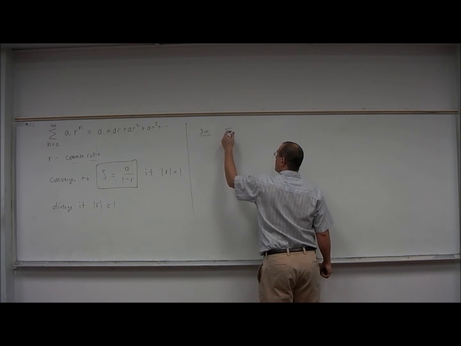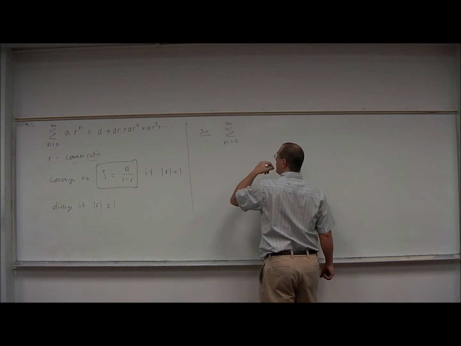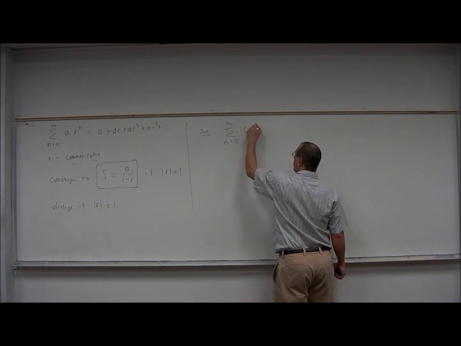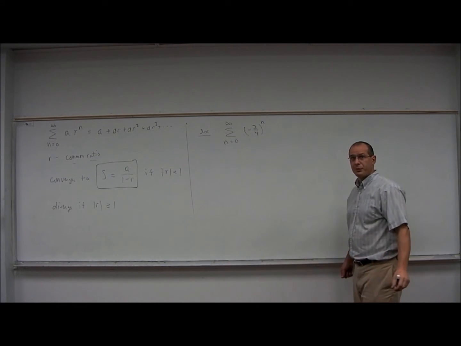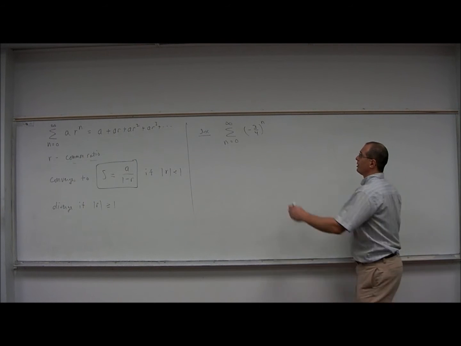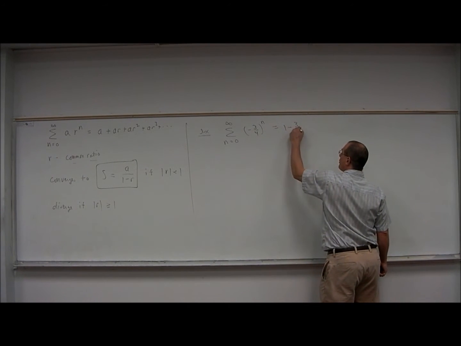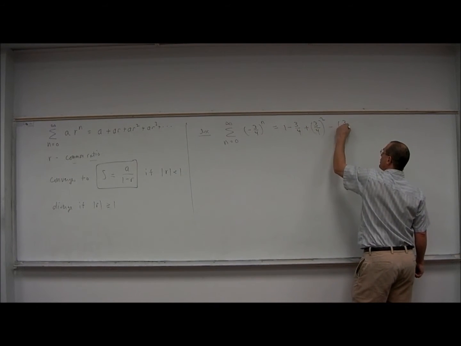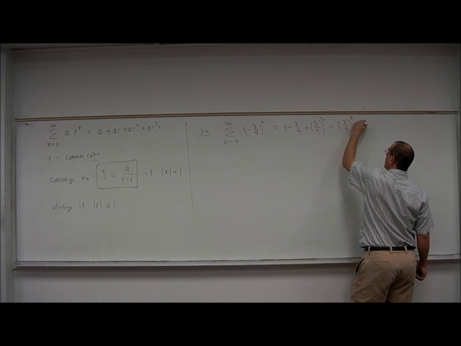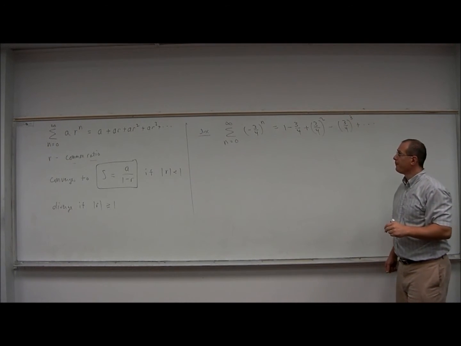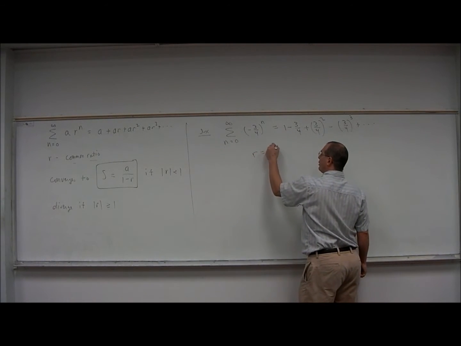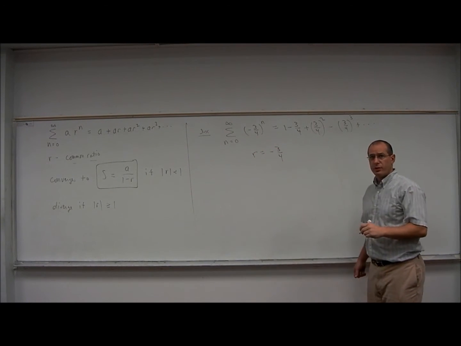Let's take a look at the summation n equals 0 to infinity of negative 3/4 to the n. So this series goes 1 minus 3/4 plus 3/4 squared minus 3/4 cubed, etc. The first term, a, is 1, but more importantly, the common ratio is negative 3/4.